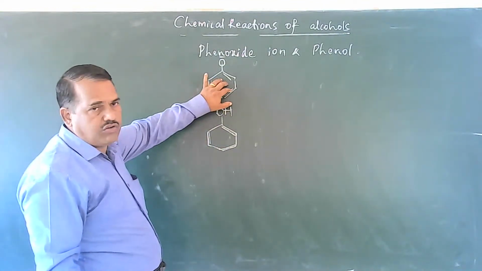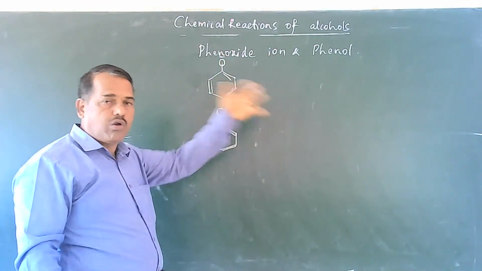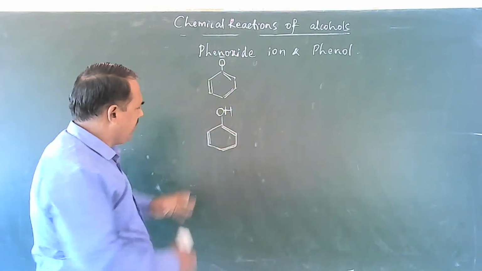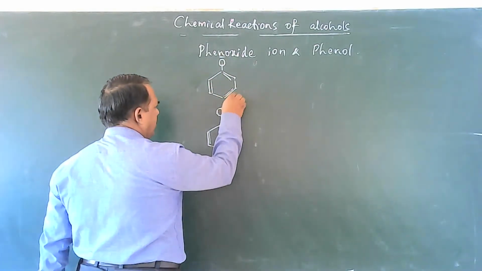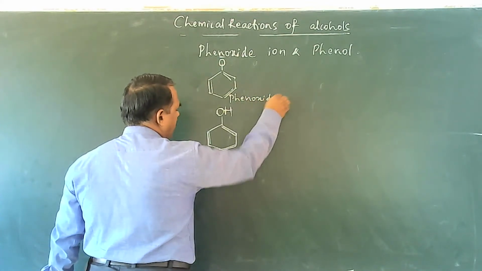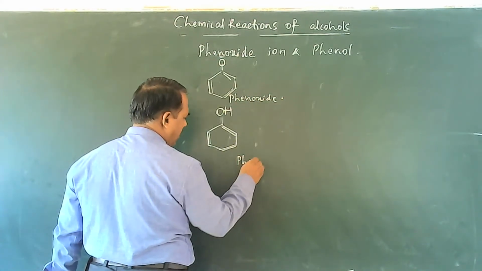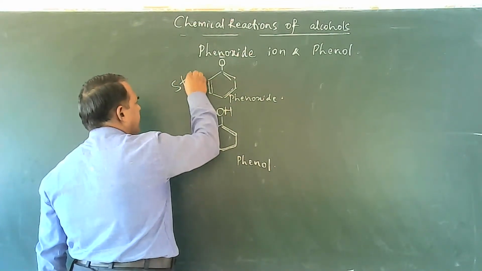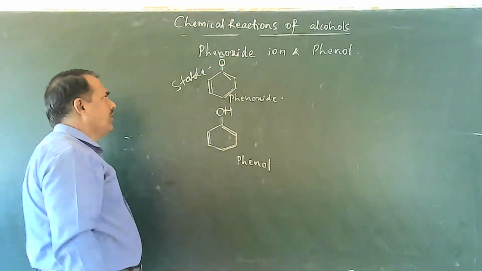Among these, you have to check which is more stable, which is more acidic. Among the phenoxide ion and phenol, the phenoxide ion is more stable.